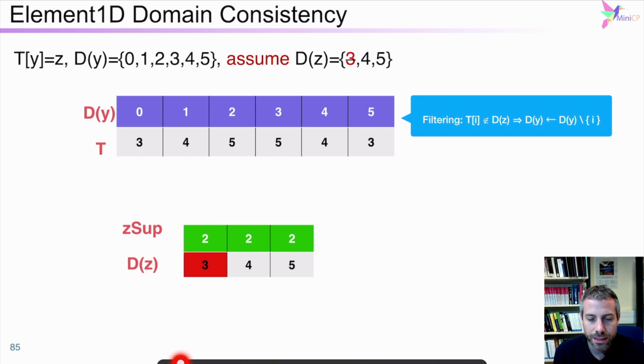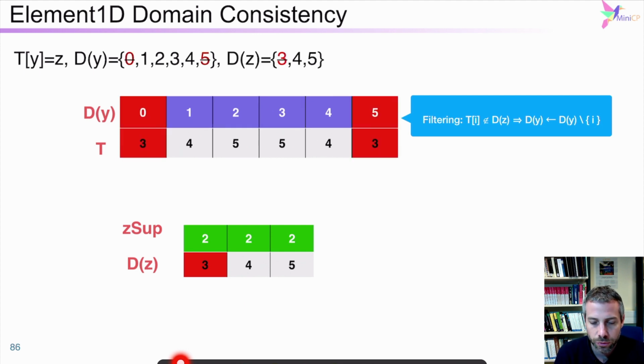What can we do in terms of filtering there, since the value 3 is not a possible value anymore for the target variable? It means that the entries in t where the value 3 appears are not possible entries. And so the corresponding indices, 0 and 5, would also be removed from the domain of the variable y.